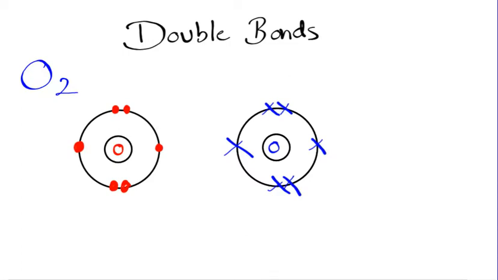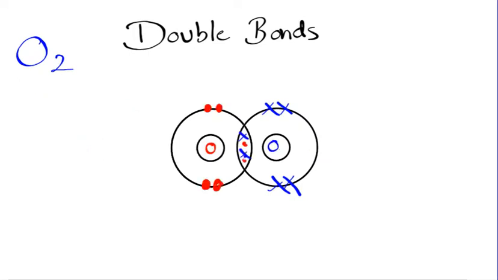So rather than more oxygen atoms coming in, each oxygen atom actually shares 2 of their electrons. To share, we overlap those outer shells and each oxygen atom is sharing 2 of their electrons.